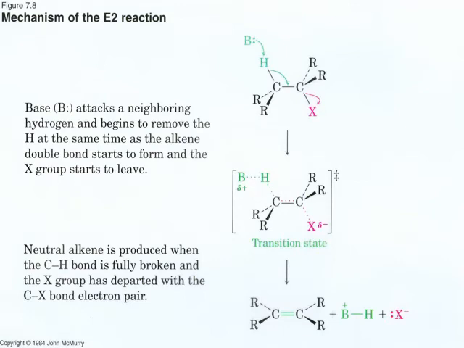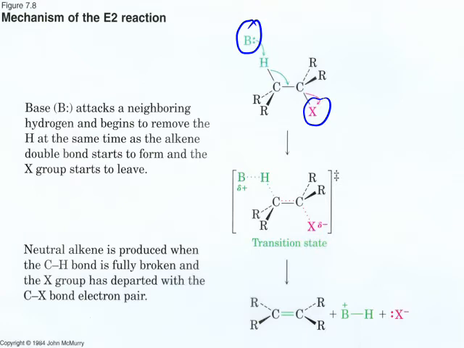Now here you're seeing one such example of E2 reaction. You can see X. X could be Cl, Br, I. And here this is the nucleophile. It could be OH minus.